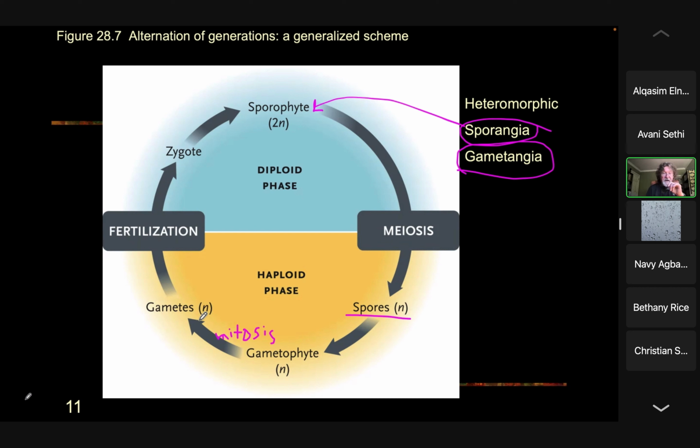There's no shuffling of the genes here. That happens up here with meiosis. These gametes will then fuse, we get a diploid zygote, and we complete the cycle.